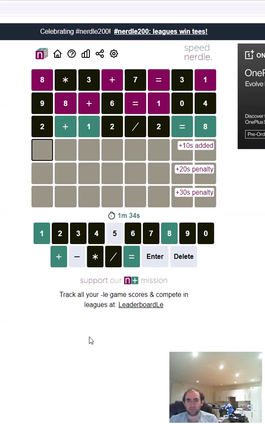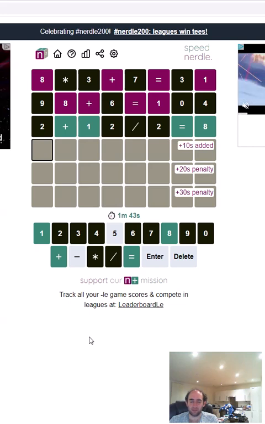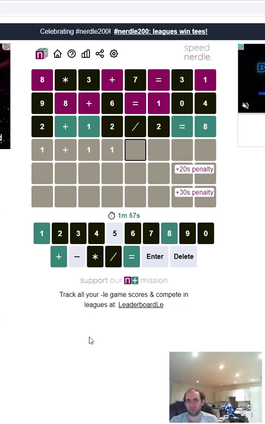Equals 8, so it can't even be 5 plus 1 plus 1. 8 plus 1, oh, it can't even be minus 1 because we need an extra digit. Let's try 1 plus 11 minus 4. No, that's not going to work.